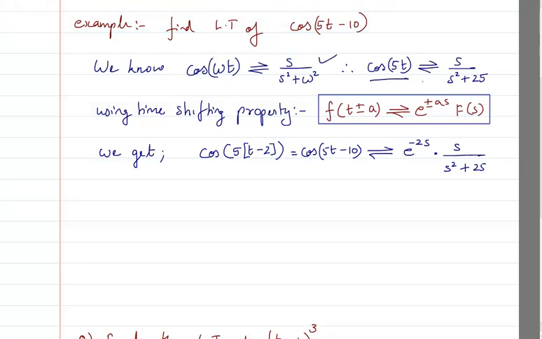Therefore, cos 5t will have a Laplace transform of s divided by s square plus 25. Next, we write that using the time shifting property, and we write the property, and then we say that cos 5 within bracket t minus 2 will come in this form.